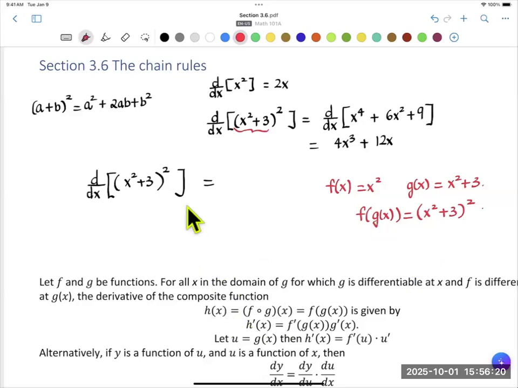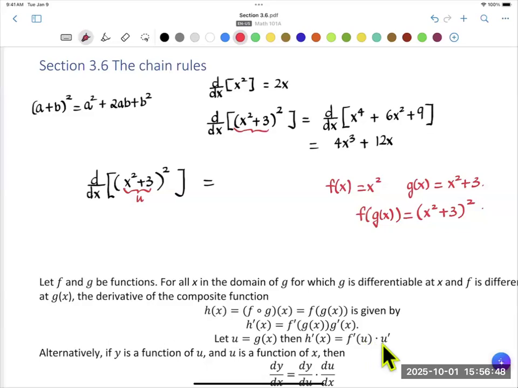In order to take the derivative of the composite, we need to apply the chain rule. So what we're going to do is let the inside function, x squared plus 3, be u. If that is u, then based on the rule, we take f prime of u times u prime.